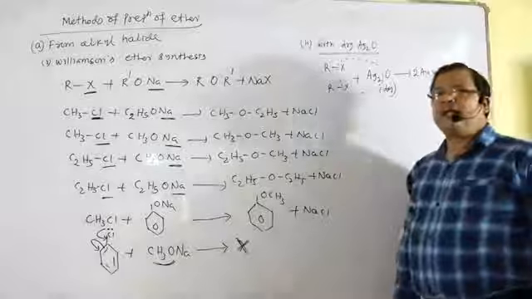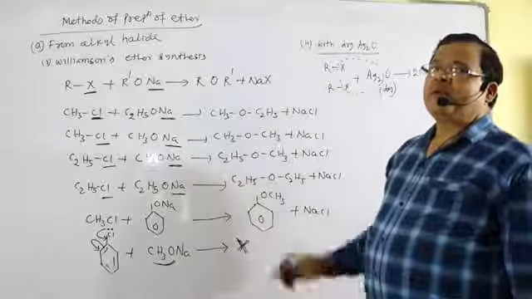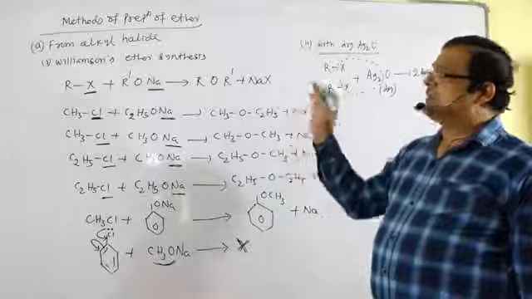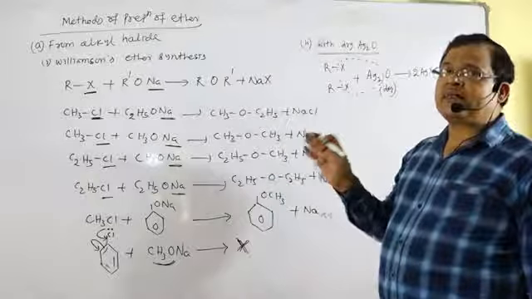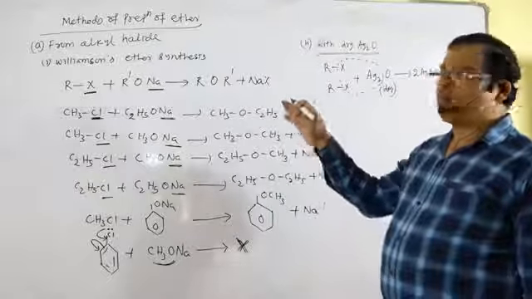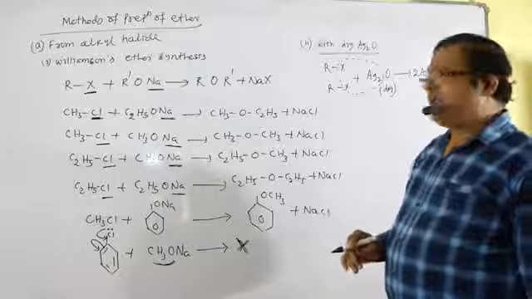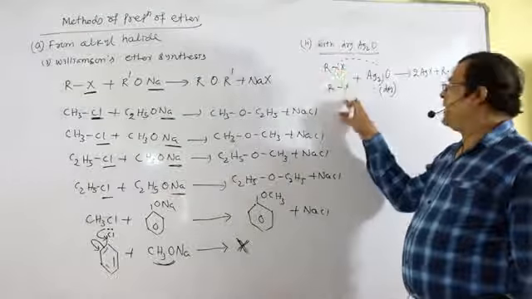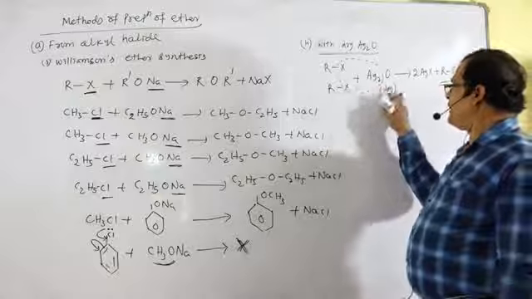So from alkyl halide we can prepare ether either by Williamson's ether synthesis, the reaction of alkyl halide with sodium alkoxides, or by the action of alkyl halides with dry Ag2O.